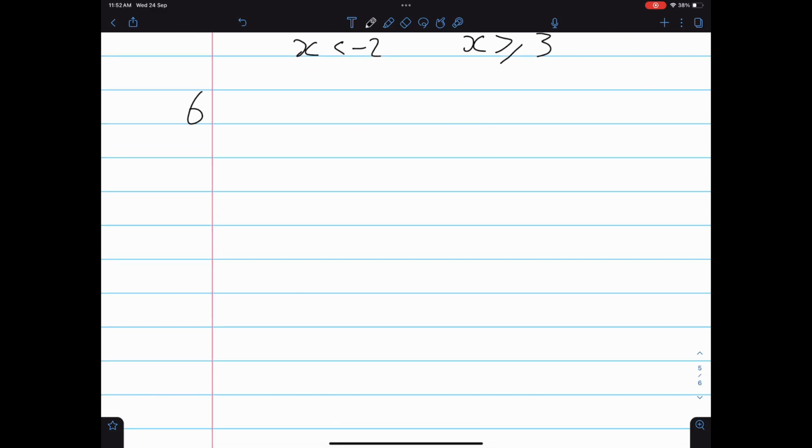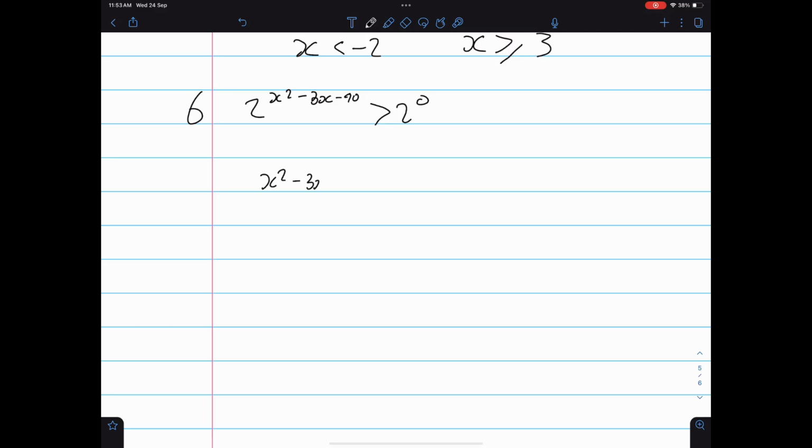Six. Now we need 2 to the power of x squared minus 3x minus 40 to be greater than 1. And the way we can do this is knowing that 1 is the same as 2 to the power of 0.